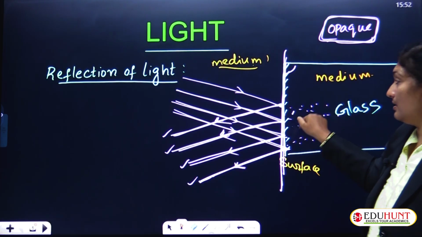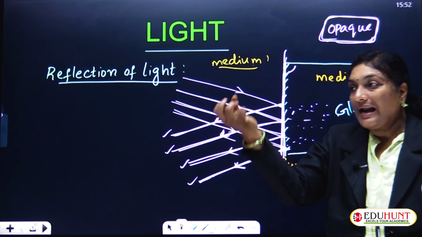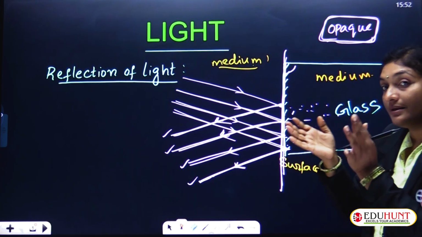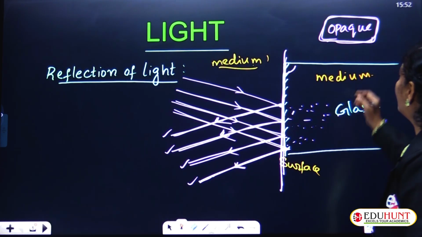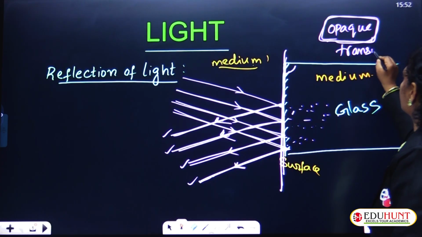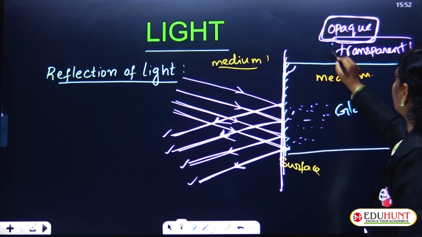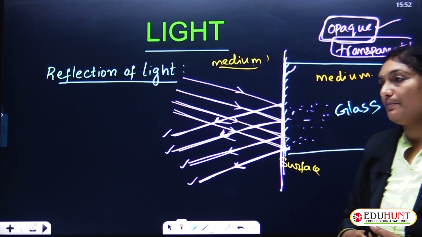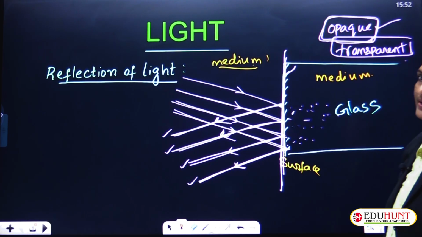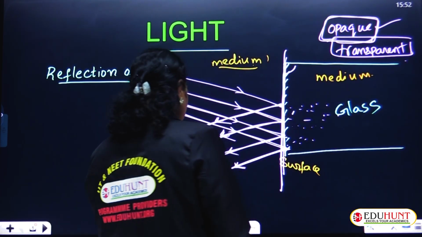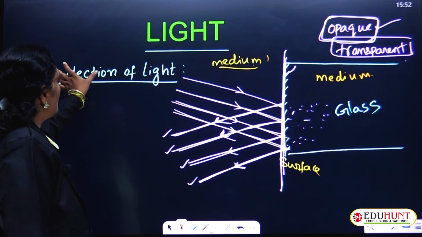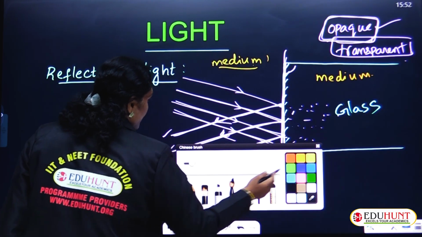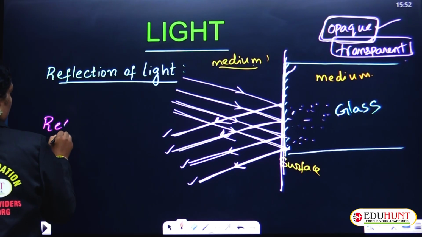Those types of surfaces which partly absorb and partly return light back to the same medium are called your transparent mediums. Completely absorbed, opaque. Portion of which is absorbed and the remaining sent back, they are called your transparent medium. Okay? Well, so let us try to understand the term reflection clearly. So let us completely focus on the term reflection.